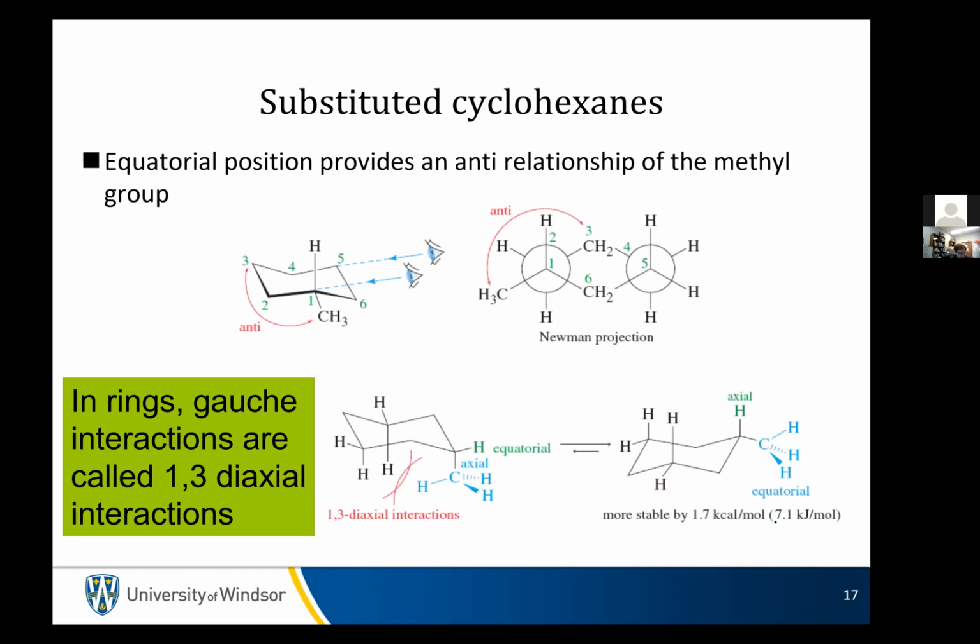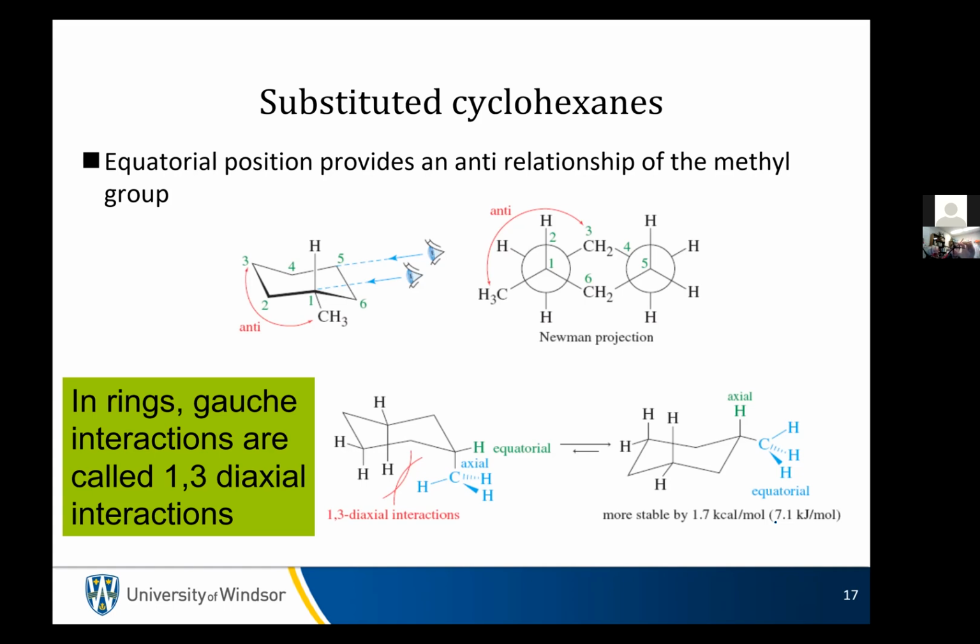Whereas in equatorial position, so we can see this with this guy, I've got a chair, and I'm looking at that, and that's axial. You got a gauche interaction with this bond here, and you have a gauche interaction with this bond here. But if I make this equatorial, now I'm anti with the big carbon bond there.